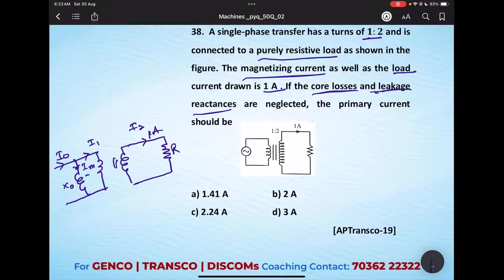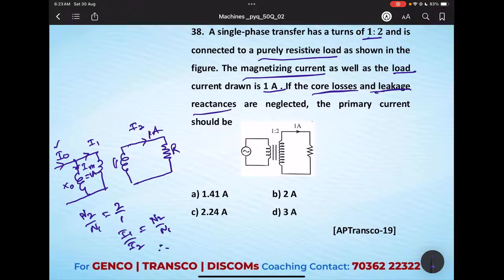The magnetizing current is given as 1 ampere. So in order to calculate I0, we need to shift the parameters of the secondary to the primary. For shifting this, we need the turns ratio. Turns ratio N2 by N1 is given as 2 by 1. We know the relation between current and turns ratio is I1 by I2 equal to N2 by N1.